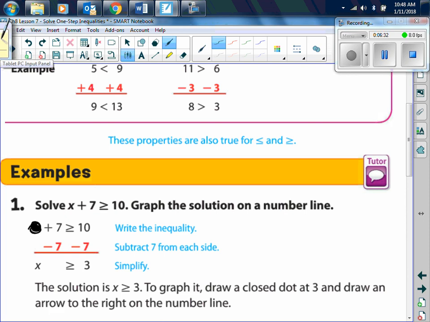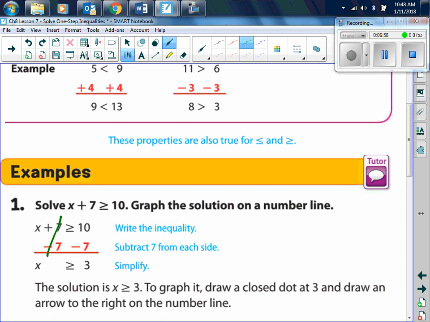What does that mean I need to get rid of? The 7. Very good. I need to get rid of the 7. So in order to get rid of the 7, because it says plus 7, we're going to subtract 7. Okay? So when we subtract 7, those cancel out. Please make sure you're showing your canceling. And then x is greater than or equal to 3.